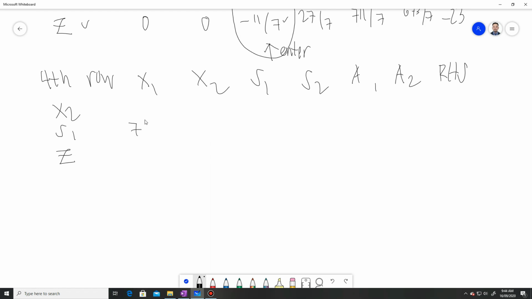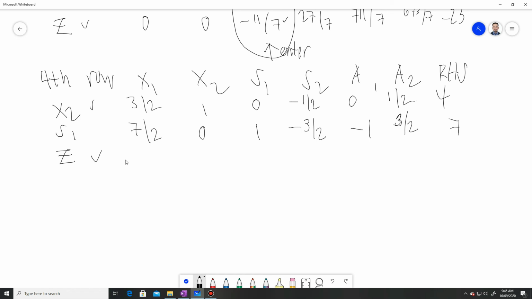This becomes 7/2, 0, 1, negative 3 halves, negative 1, 3 halves, and 7. And then we will develop the new x2 and the z rows. This becomes 3 halves is 1, 0, negative 1 half, 0, 1 half, 4.